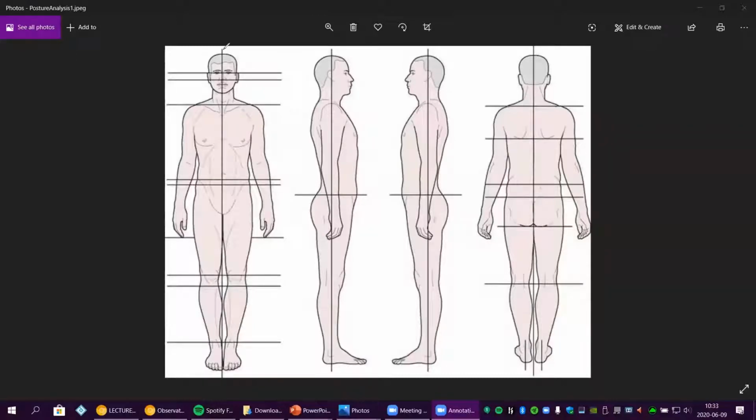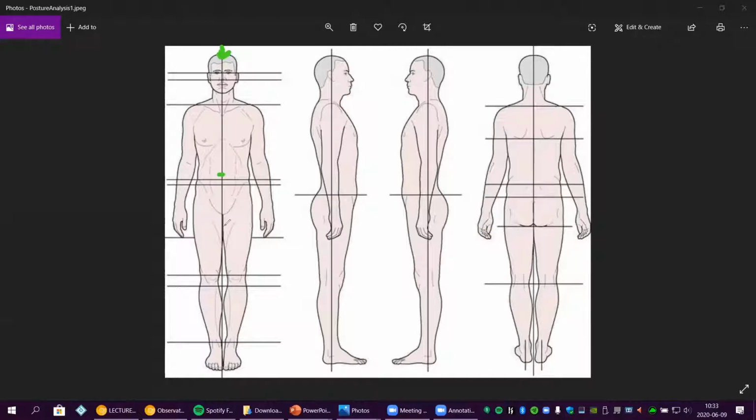We're going to have this standard plumb line come down through the patient. In the anterior view, the plumb line should pass down through the midline of the nose, through the center line of the sternum, right between the two sternal notches on either side, through the xiphoid process at the distal end of the sternum, through the umbilicus, fancy term for belly button, midway through the pelvis, bisecting it right at the pubis symphysis.